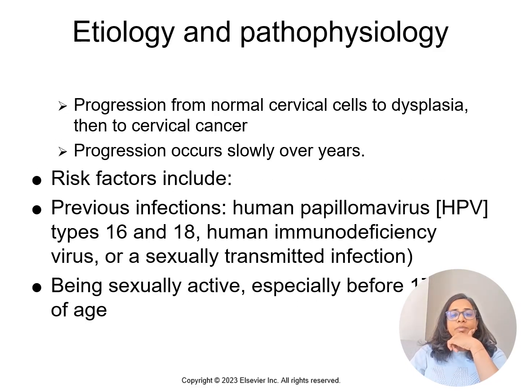The biggest common cause of cervical cancer is human papillomavirus, or HPV. There are multiple varieties of HPV, but the common types which cause cancer are type 16 and 18. Then HIV can also cause cervical cancers because it makes the body immunocompromised, and reduced immunity can cause any type of cancer.